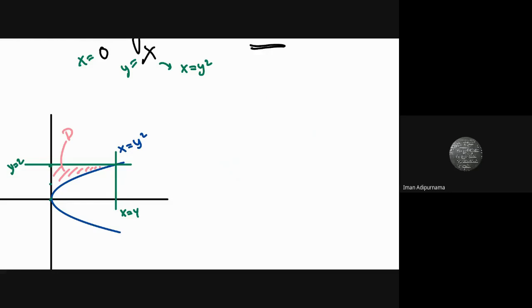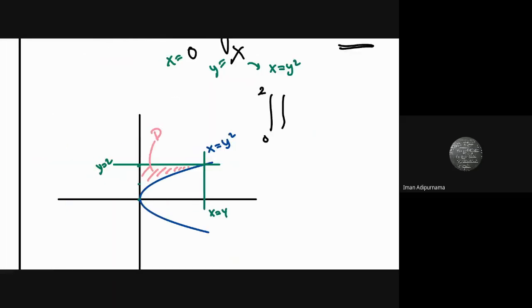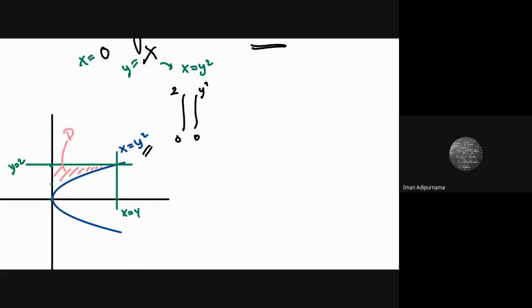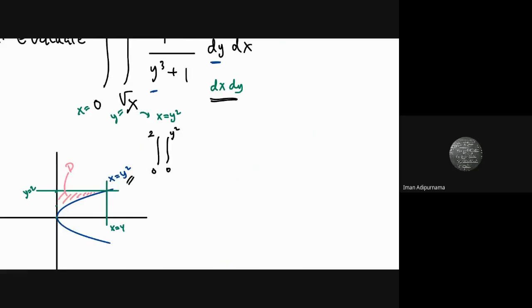So first we can write 0, 2. And then x will be from 0 to y squared, okay? 0 and y squared. And then we can write the entire equation, and this is our equation now.